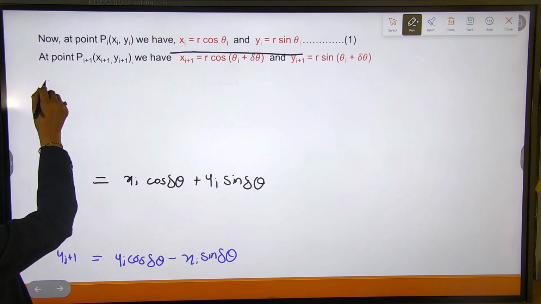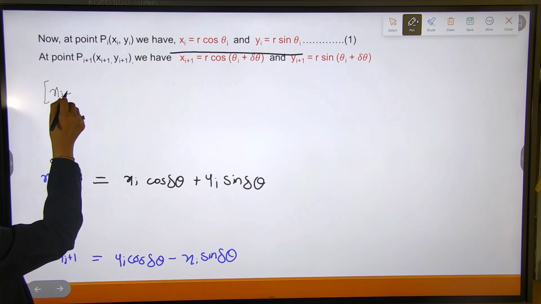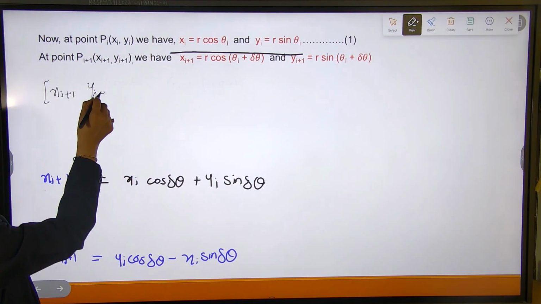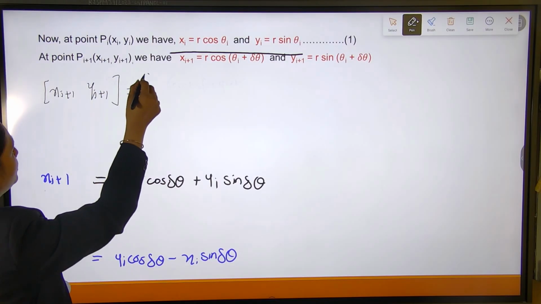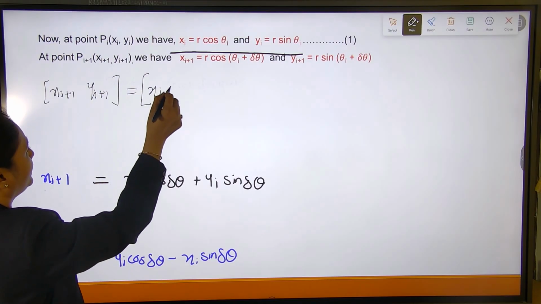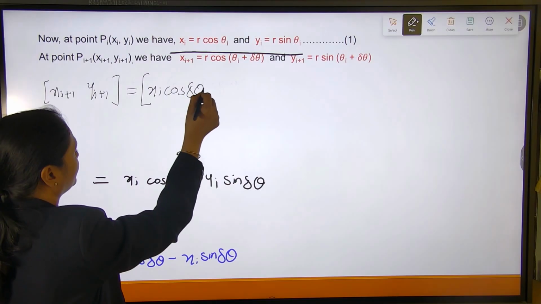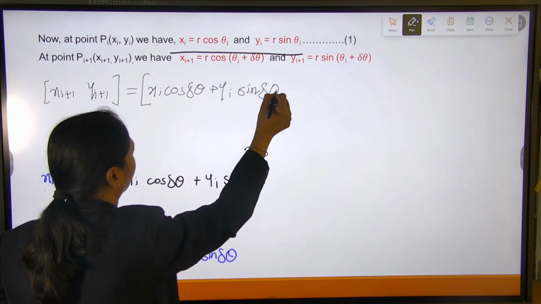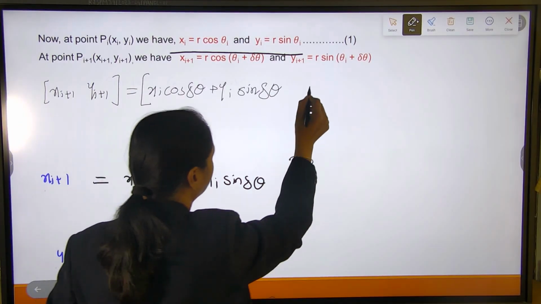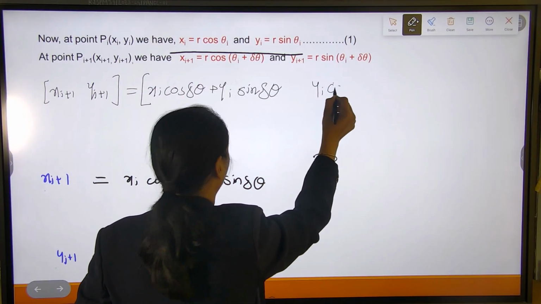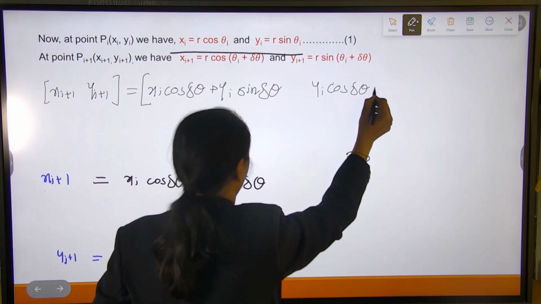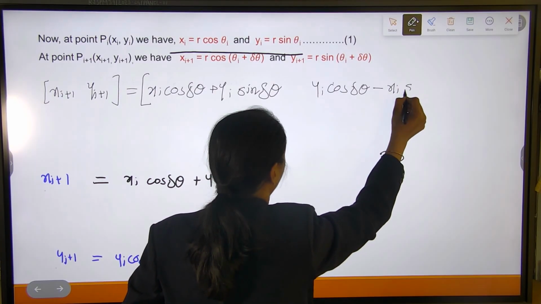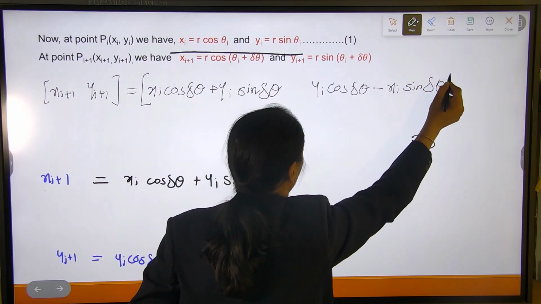We can combine them: xi plus 1, yi plus 1 equal to xi cos delta theta plus yi sin delta theta, and the y coordinate is yi cos delta theta minus xi sin delta theta.